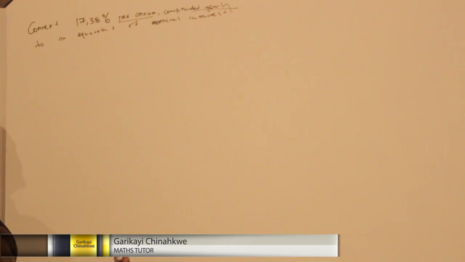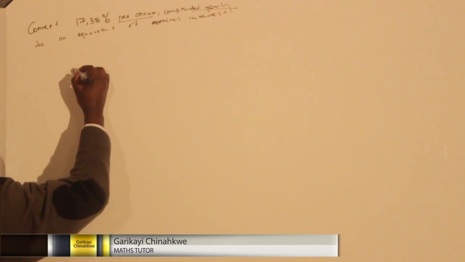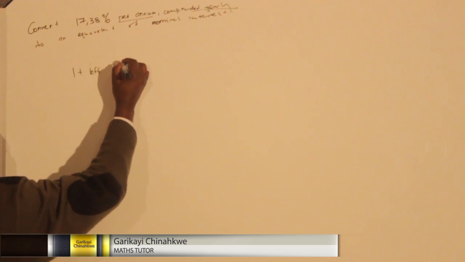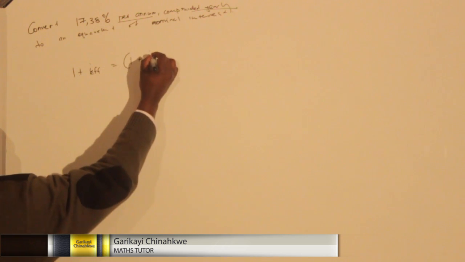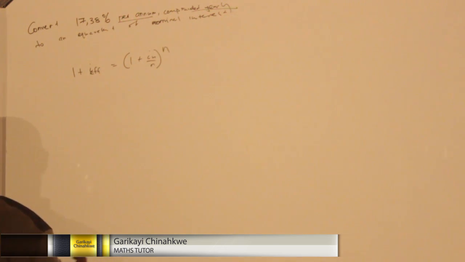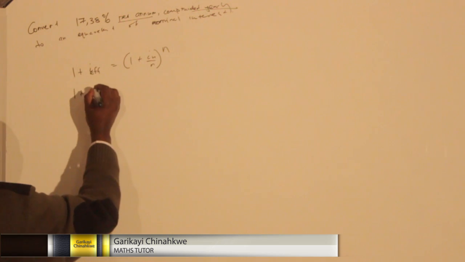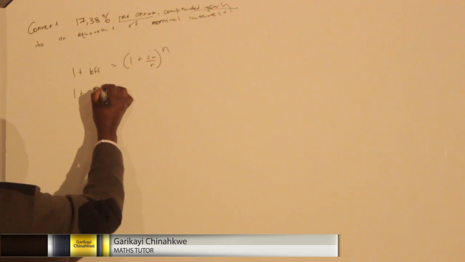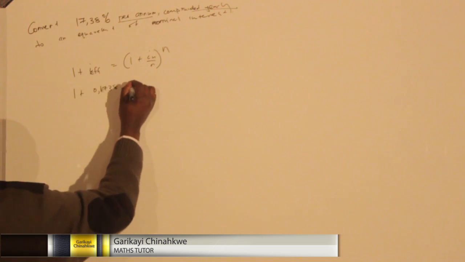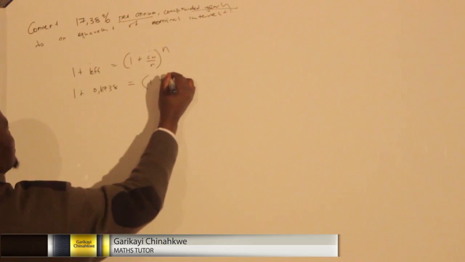So how do you convert it? You're going to use the formula 1 plus i effective is equal to 1 plus i nominal over n, to the power of n. So it's 1 plus your effective, 0.1738, is equal to 1 plus i nominal.